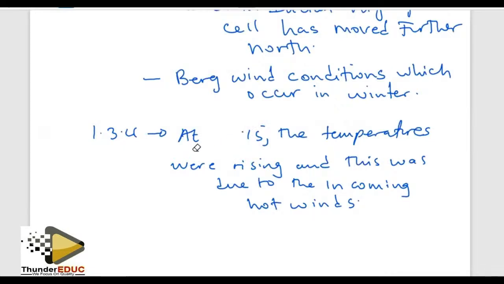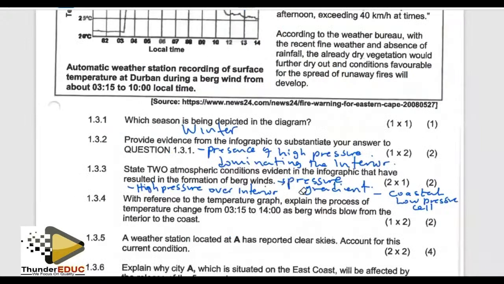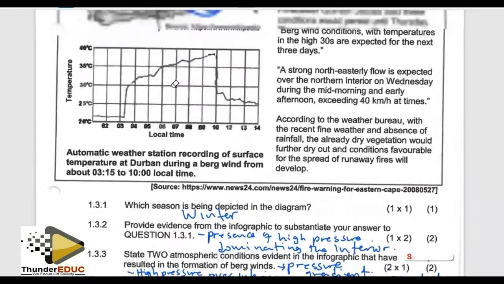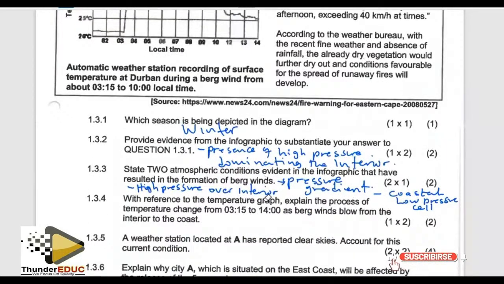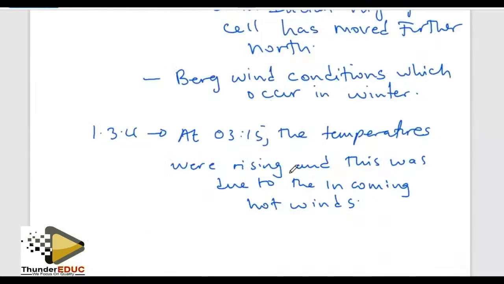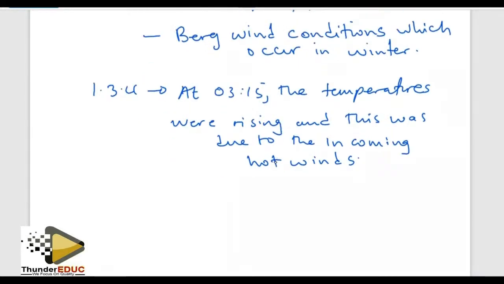At 0315 temperatures were rising. Well, let's check the question once again. With reference to the temperature graph, explain the process of temperature change. I don't have to explain why the temperature was able to change from this to this. That's why here we said temperatures were rising, and this was due to the incoming hot winds, which are the Berg winds. And that's what we could say.